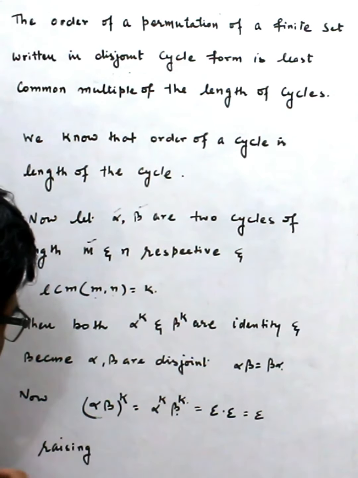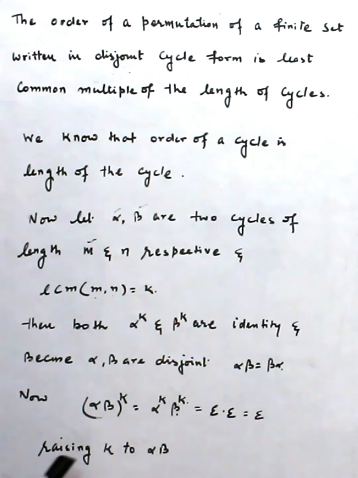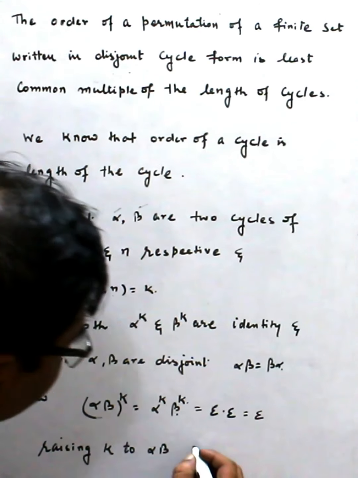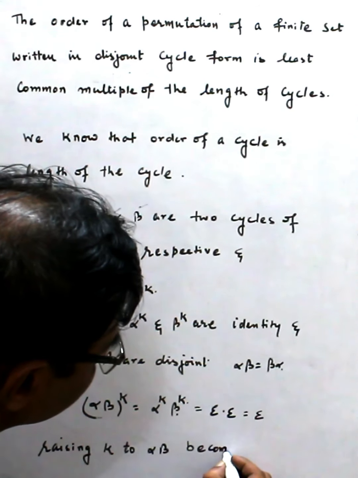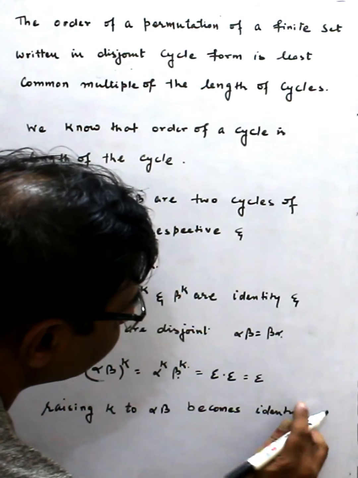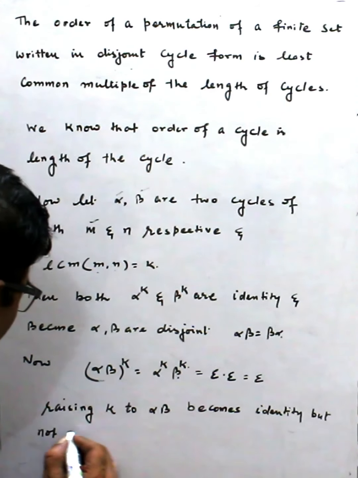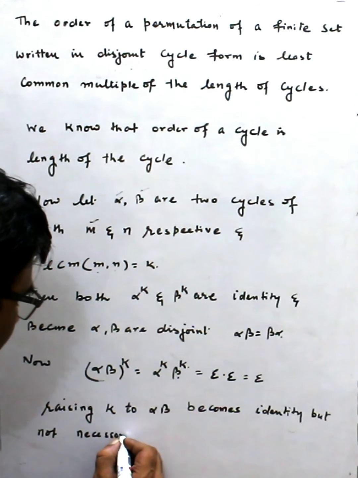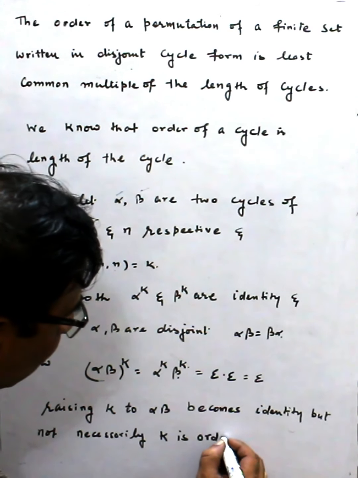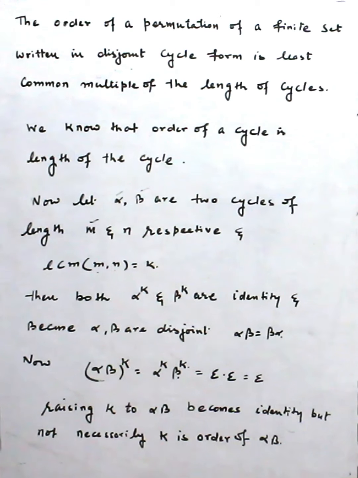So we showed that raising alpha beta to k, the product of alpha beta becomes identity, but not necessarily is k the order of alpha beta, because perhaps k is not the least number.